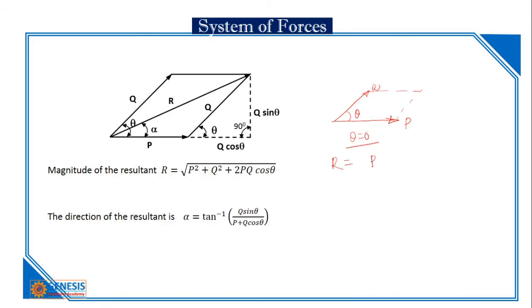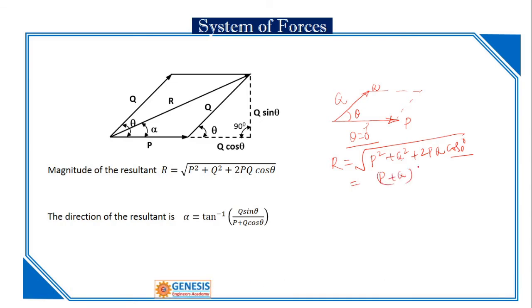R square is equal to P square plus Q square plus 2PQ cos 0. Cos 0 is equal to 1.